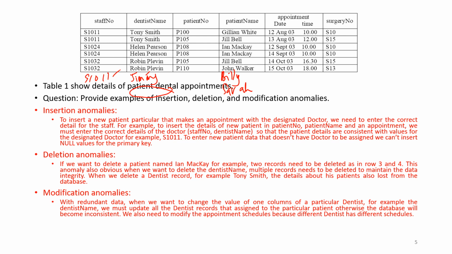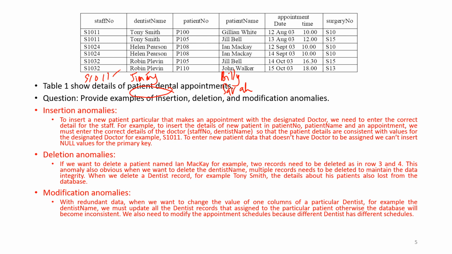From the table here, you can see that there is duplication, redundancy. Tony Smith appears 2 times, the dentist name appears 2 times. This shows us that this table is not very well structured. We have staff number, dentist name, patient number, appointment date, time, and surgery number, all dumped into a single table.